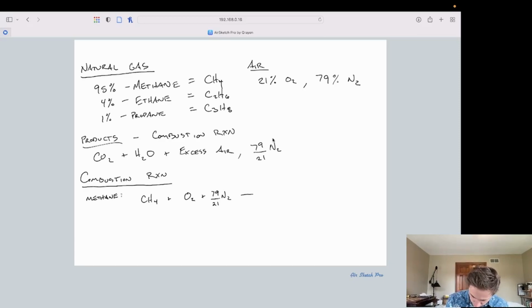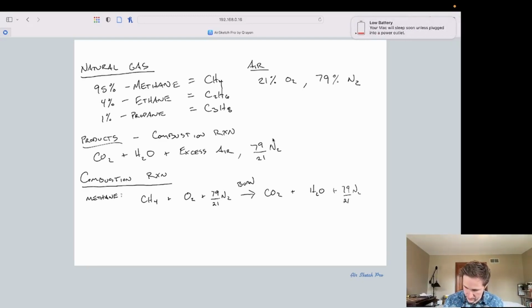Now this is going to burn in our Bunsen burner to produce carbon dioxide and water, and our nitrogen at the higher temperatures. And then again, what we need to consider is that we have excess air.